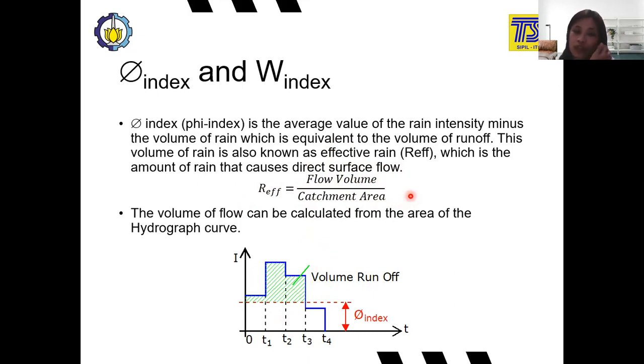And the volume of flow can be calculated from the area of the hydrograph curve. So this hatched or shaded area here is the flow volume, or the volume of the runoff.